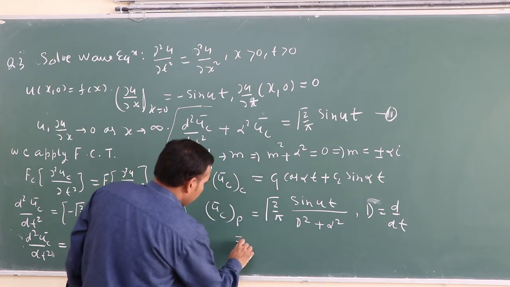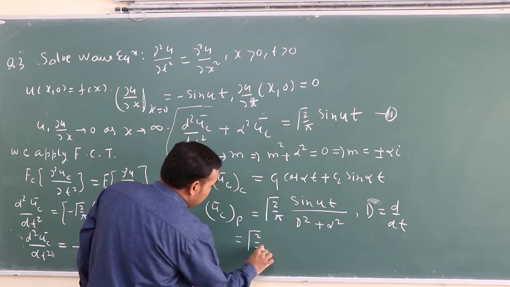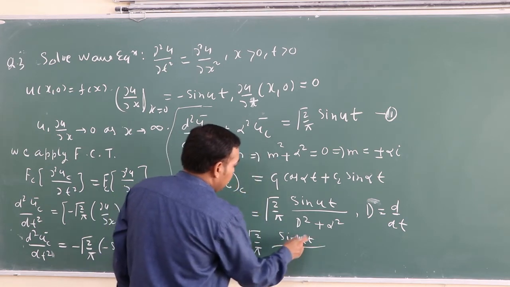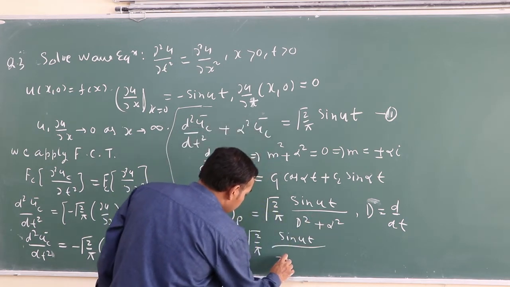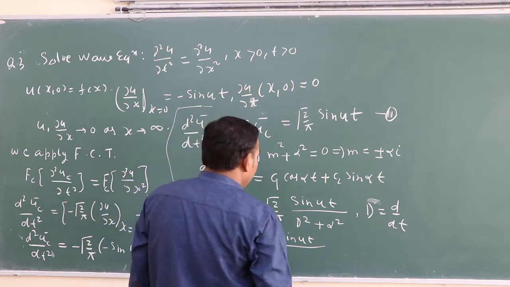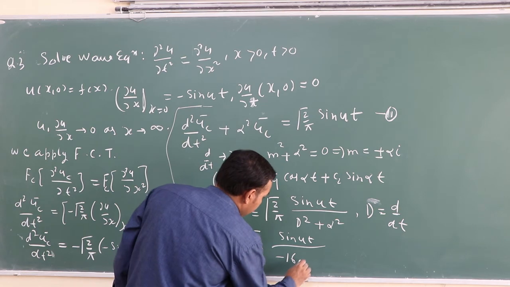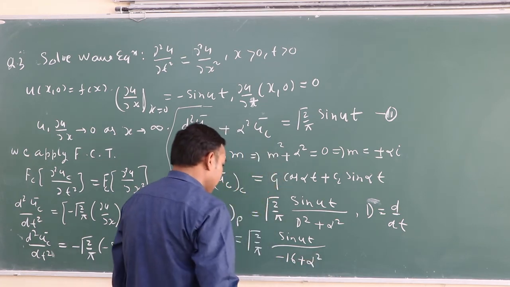This can be written as sin 4t upon d square replaced by minus 4 square, that is minus 16, plus alpha square.